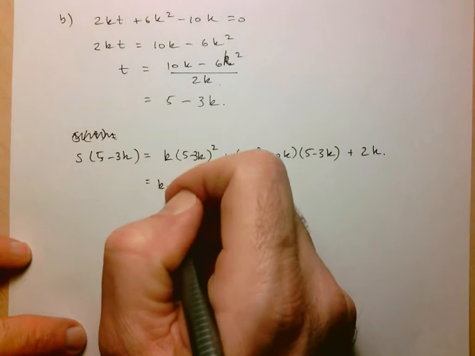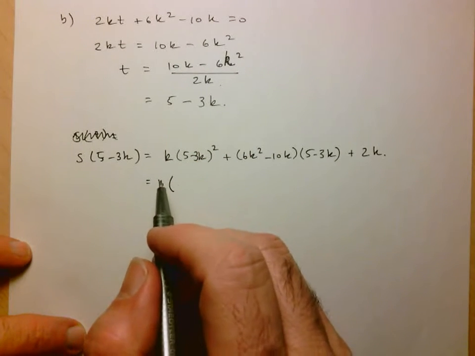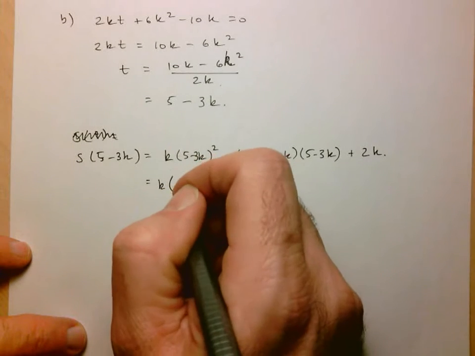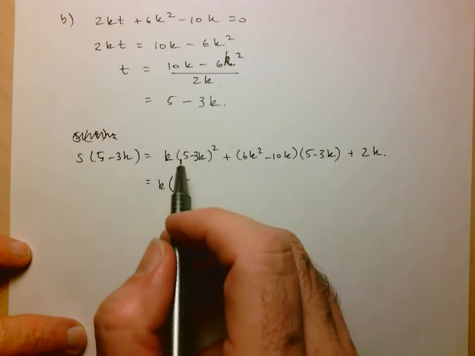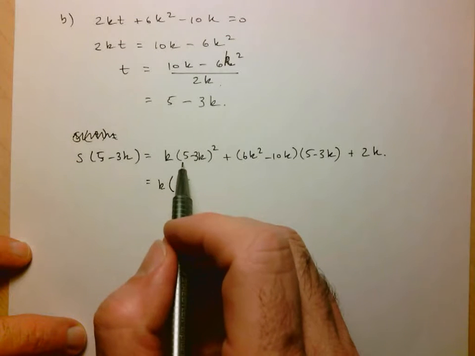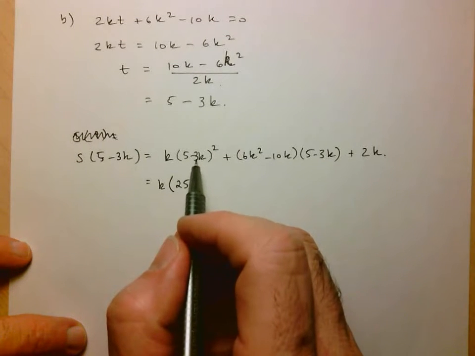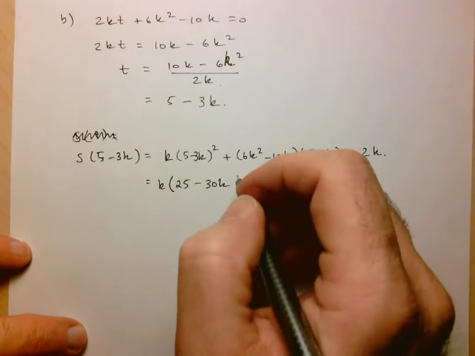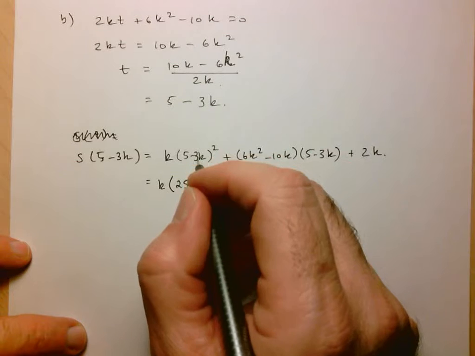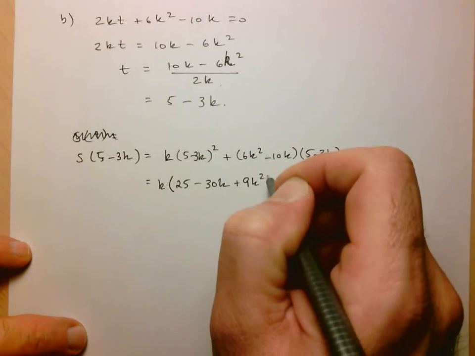So k times, now I don't know if you know that little trick about squaring a binomial, so let's square the first, so 25, square the last, which I'll do afterwards, and then twice the product of first and last. So 5 times negative 3k is negative 15k, times 2, so this is minus 30k, and then the last squared, negative 3k all squared, is plus 9k squared.